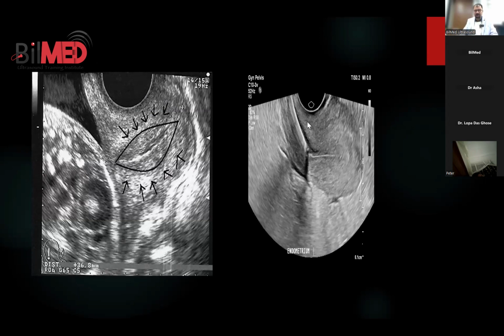And from an IUCD, I can sometimes see shadowing, whereas there is no point of having shadowing from a mucus plug. So how can you confuse a mucus plug with an IUCD? An IUCD will look more echogenic with well-defined margins.